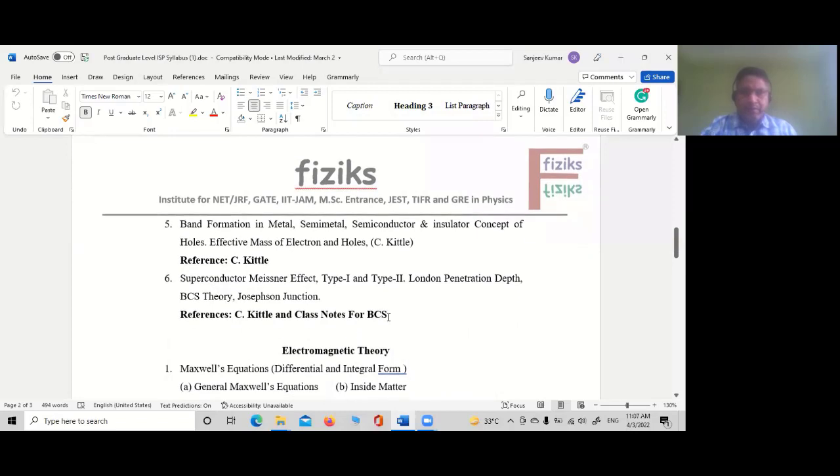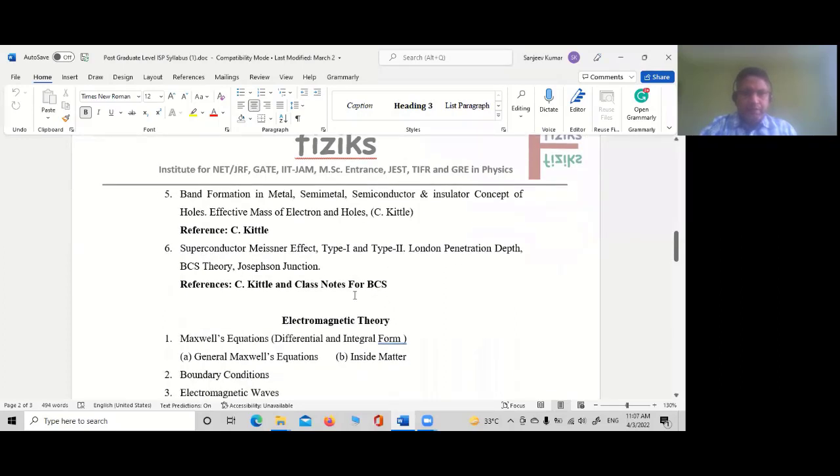Band formation in metals, semi-metals, semiconductors, insulators, concept of holes, effective mass of electrons and holes. Reference: Kittel. Then superconductors: Meissner effect, type 1 and type 2, London penetration depth, BCS theory, Josephson junction. References: Kittel and class notes for BCS.